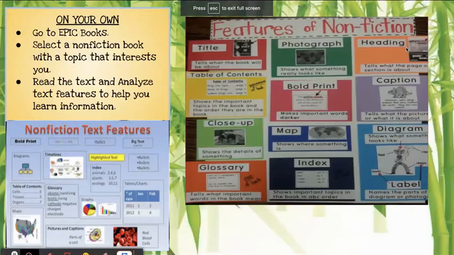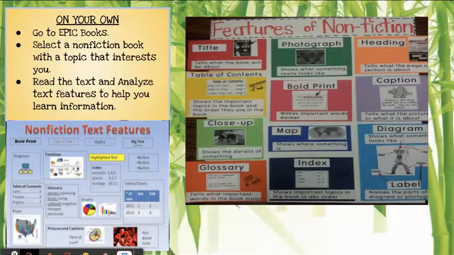Now, on your own, go to Epic Books, select a nonfiction book with a topic that interests you. Read the text and analyze the text features to help you learn information. So look at the title, look at photographs. Is there highlighted text? Is there bold print? Is there colored text?